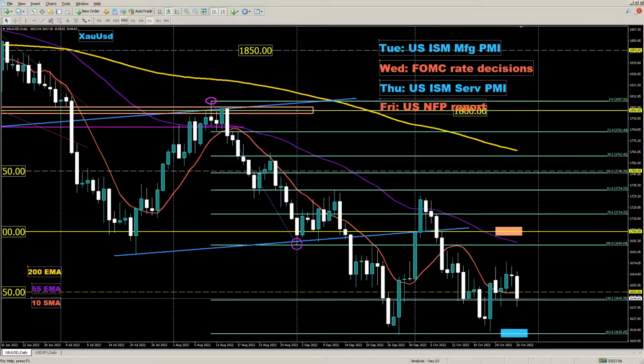So fairly narrow range, was not able to climb up higher to test the previous swing low, which was at the 1688 area. So it could not push up higher, so it was constrained in a fairly narrow range.